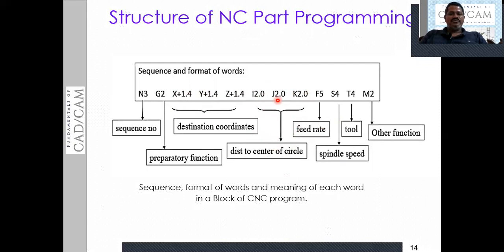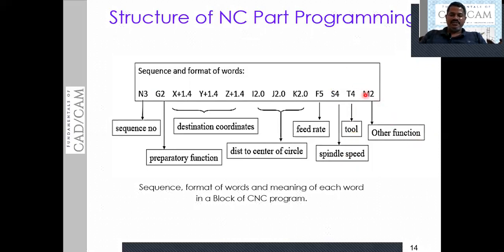The center coordinate values must be followed by the feed rate. So the feed function should be followed by the spindle function, then it should be followed by the tool. Okay, then we have the miscellaneous function.